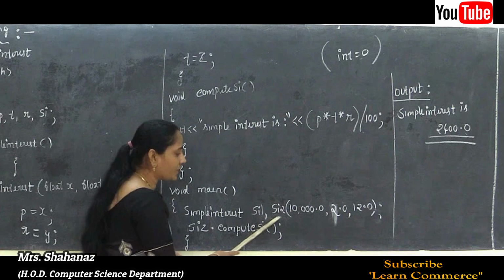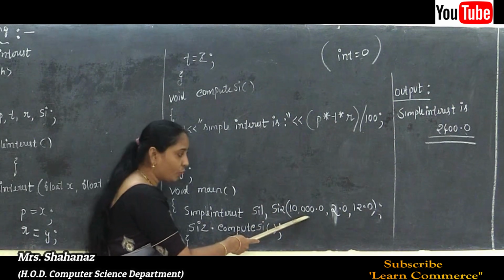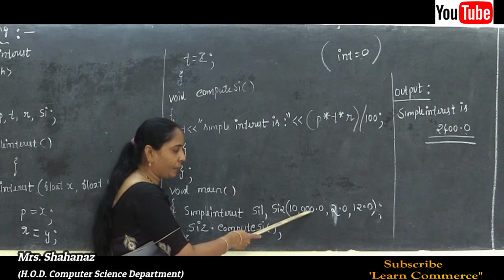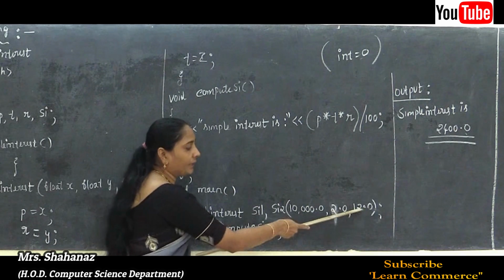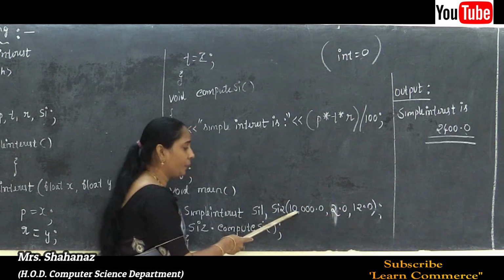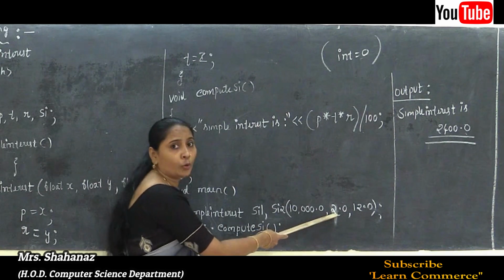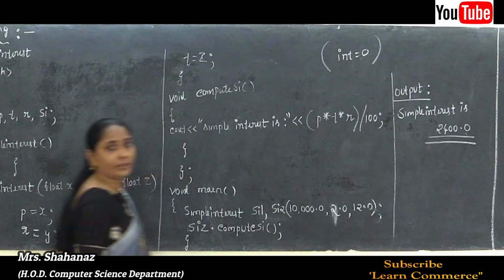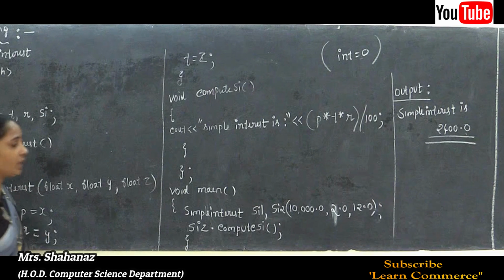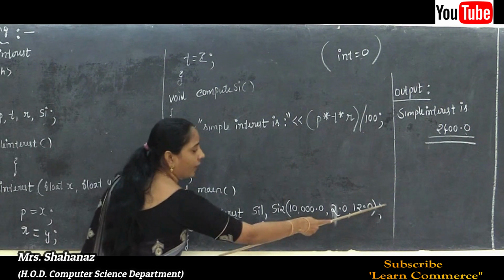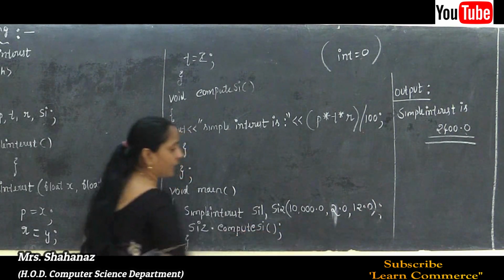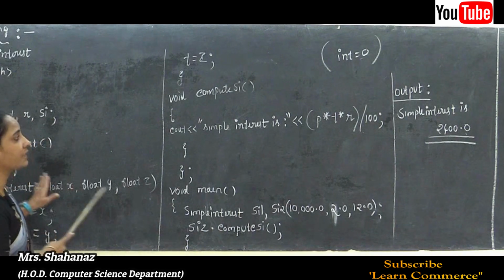So for this SI2, it is using some values, that is the principal, the time and the rate of interest. So the principal 10,000 and the time 2 years here, and the rate of interest 12%. Clear this point here, 12.0, and closing of the parenthesis and semicolon going to use for this calculation.